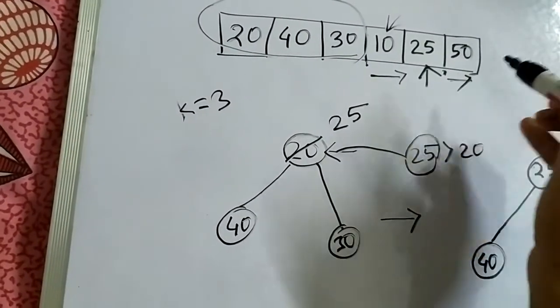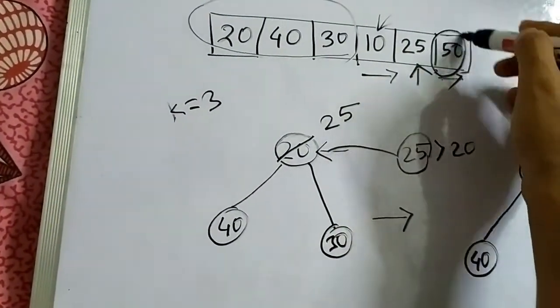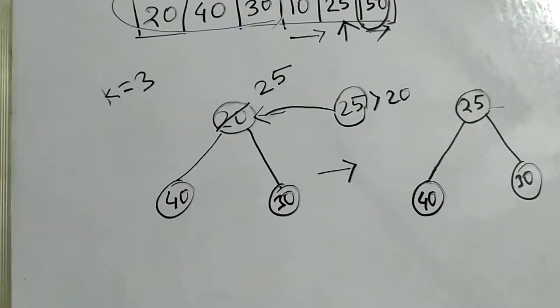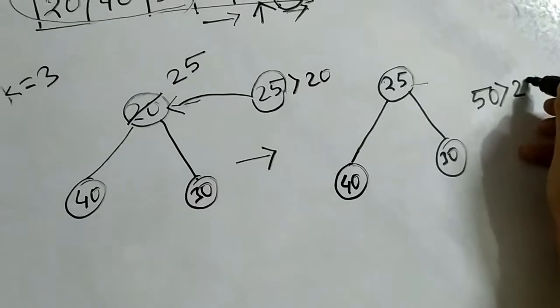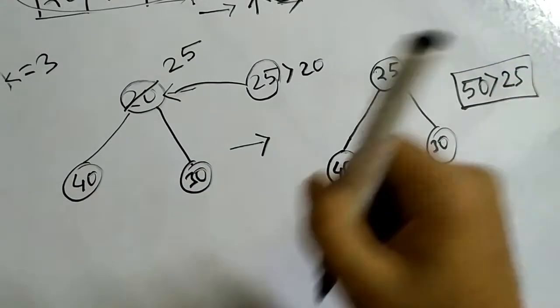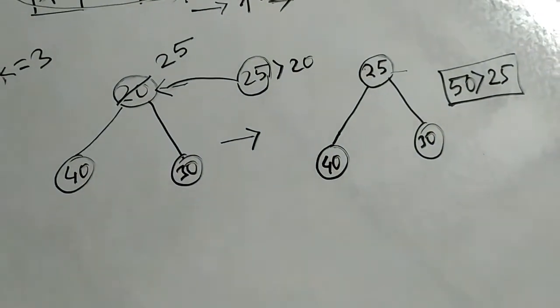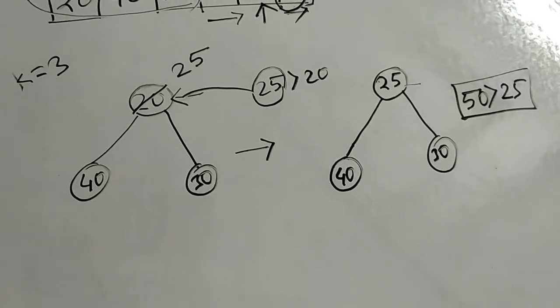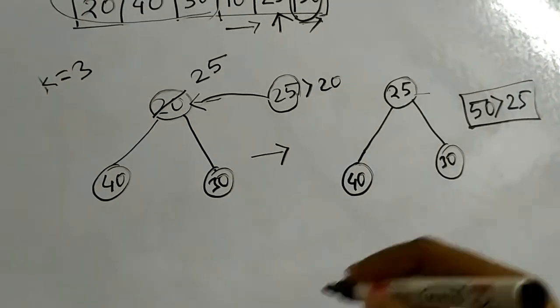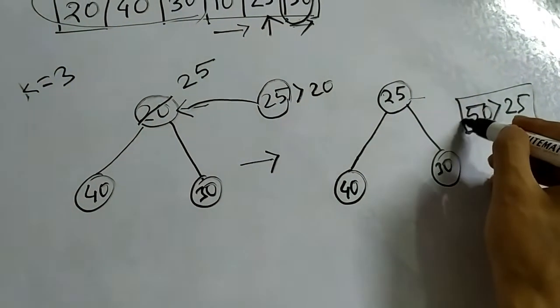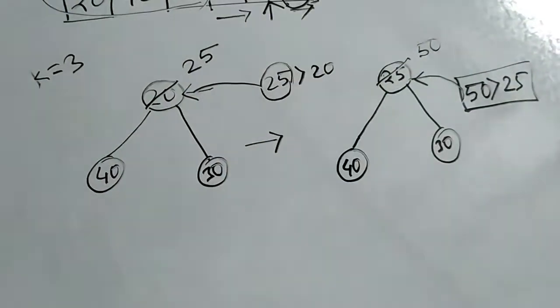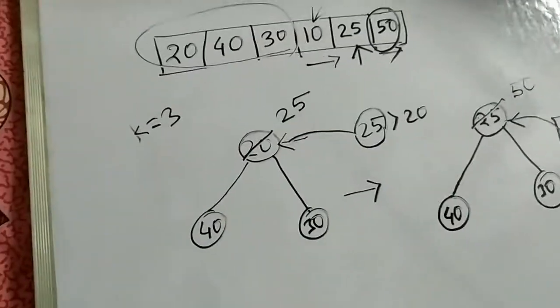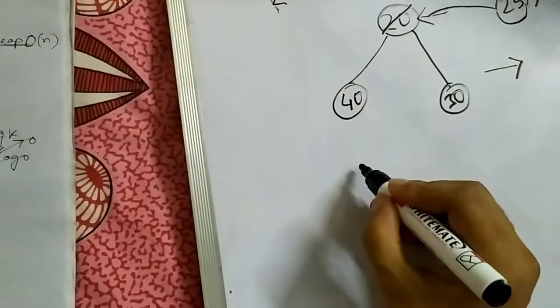Now I proceed again and I am getting 50. So 50 is greater than 25. Because it is greater than 25 and I am in search of the kth maximum, I will replace 25 with 50. Let's see whether I am still getting a min heap or not.